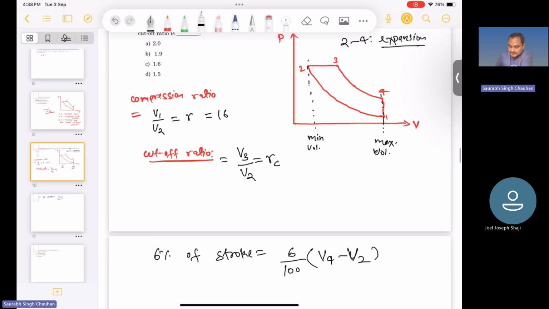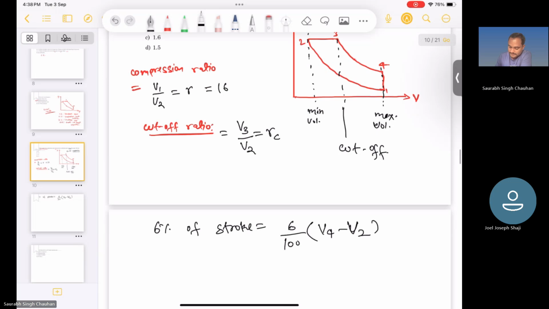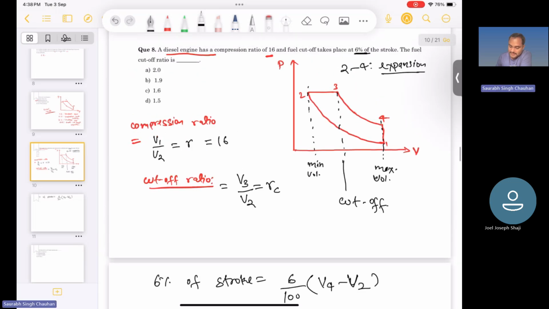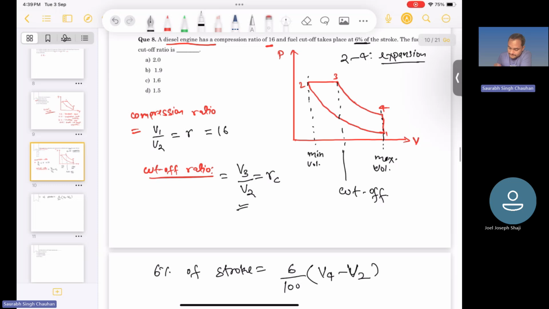At this point, point 3, cutoff takes place. We have to find the cutoff ratio, and cutoff ratio is V3 by V2.